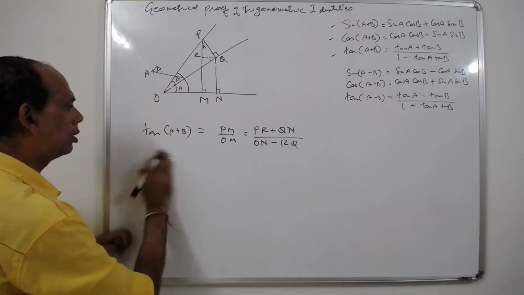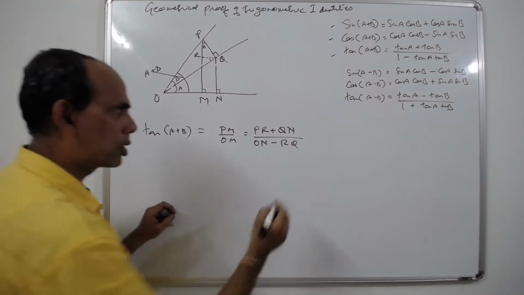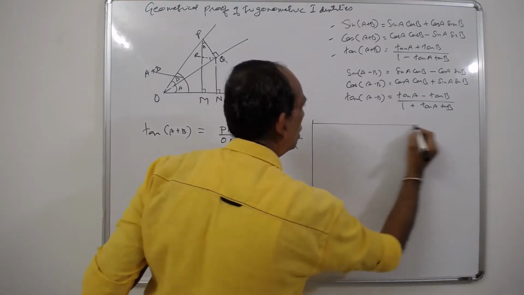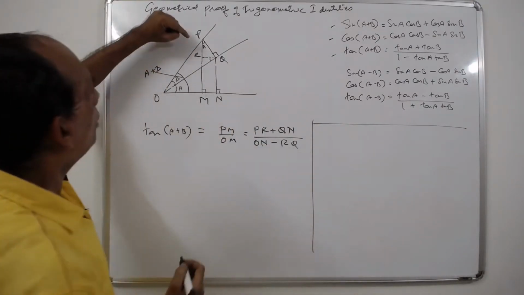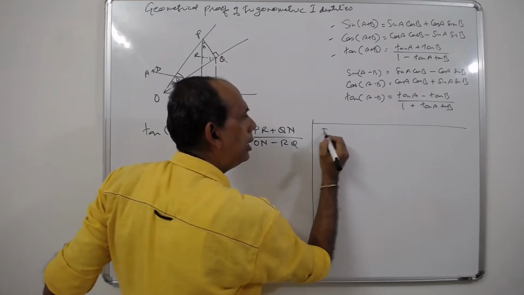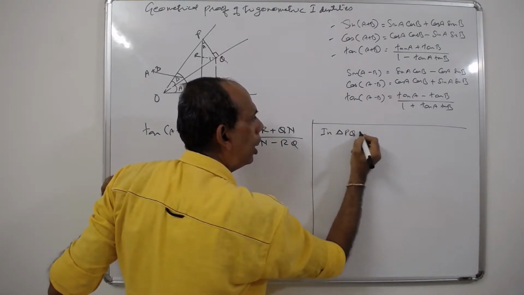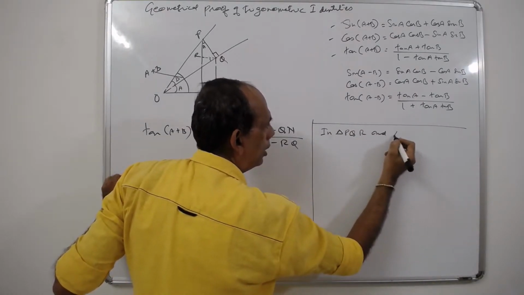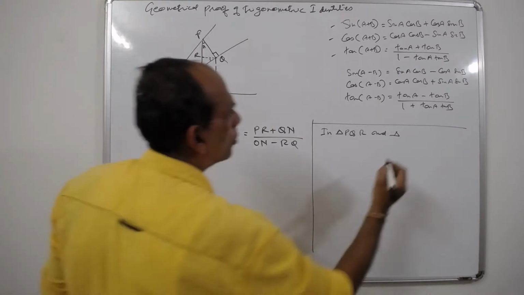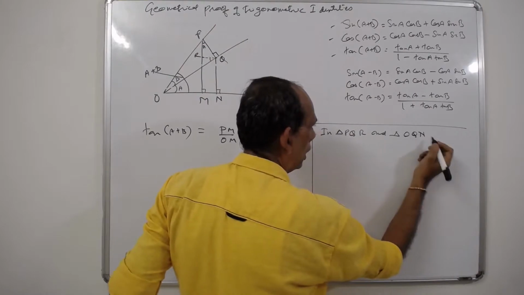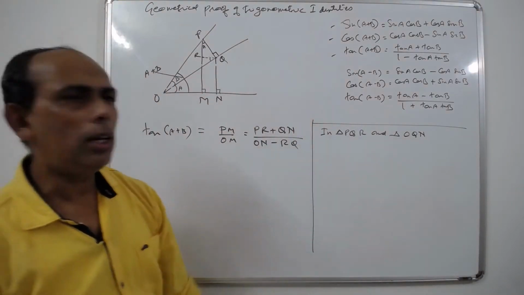Before that, I'll take you somewhere so that you get to know the other part of it. Now if you see triangle PQR and the similar one, triangle OQN, are both these triangles similar?